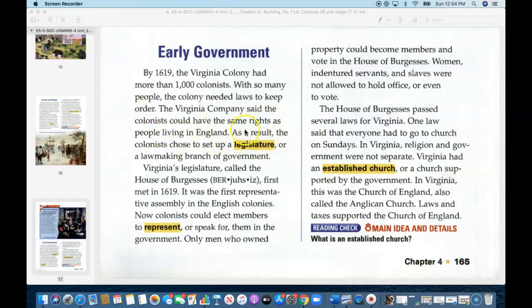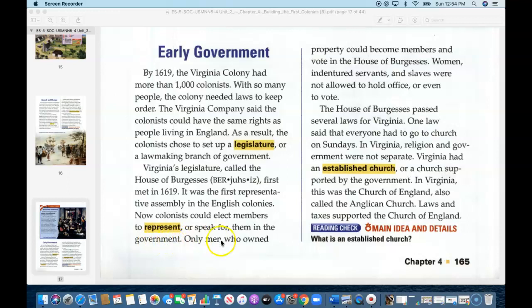As a result, the colonists chose to set up a legislature, or a lawmaking branch of government. Virginia's legislature, called the House of Burgesses, first met in 1619. It was the first representative assembly in the English colonies. Now, colonists could elect members to represent or speak for them in the government.